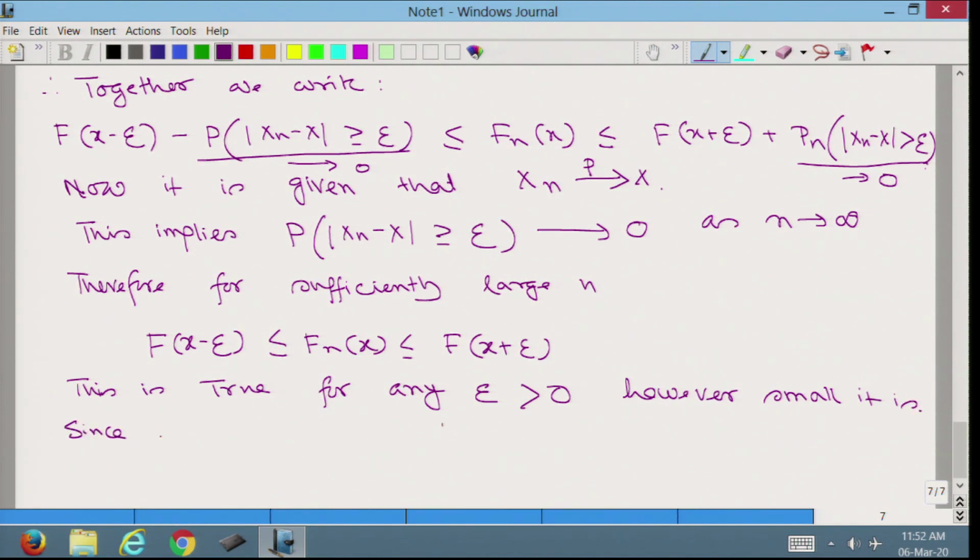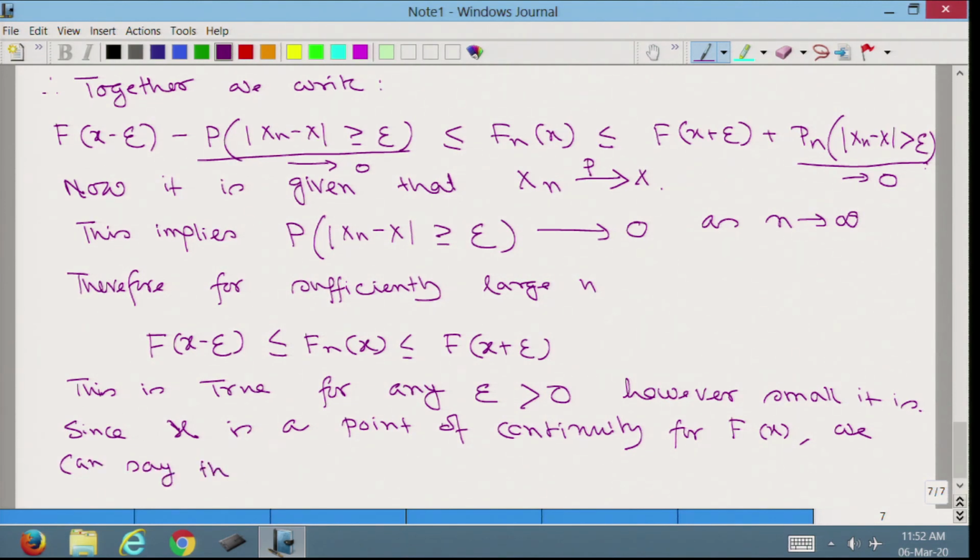Since x is a point of continuity for f x, we can say that f n x converges to f x.